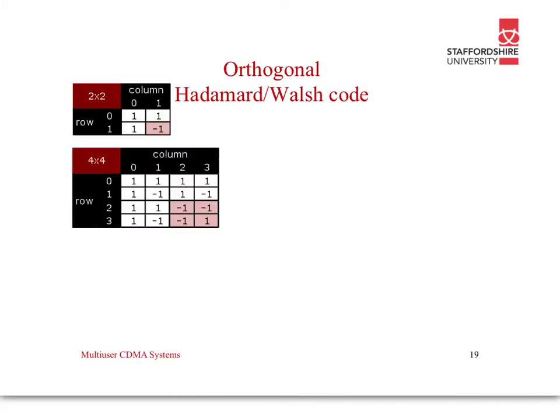So if we then created a 4x4 matrix, what we would do is we would copy the contents of the 2x2 matrix to the uppermost elements. We would copy them down to the second and third row as shown, and also across the first line.